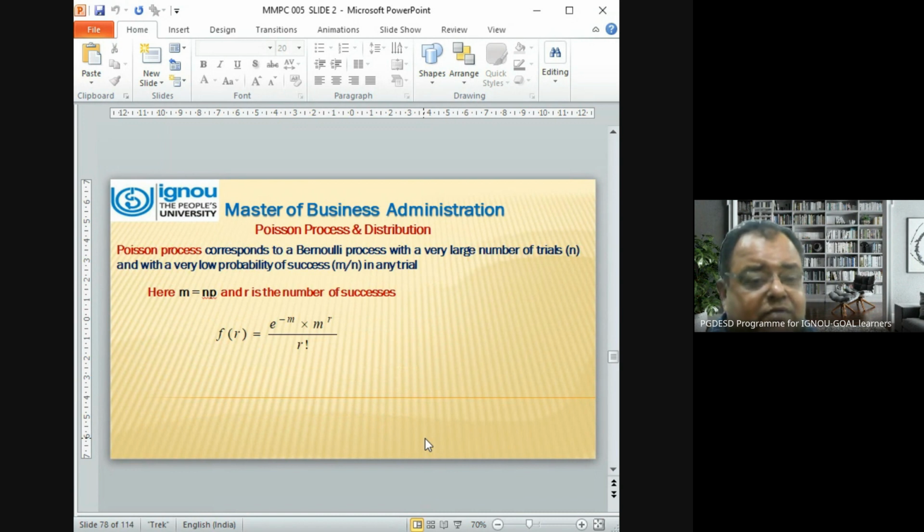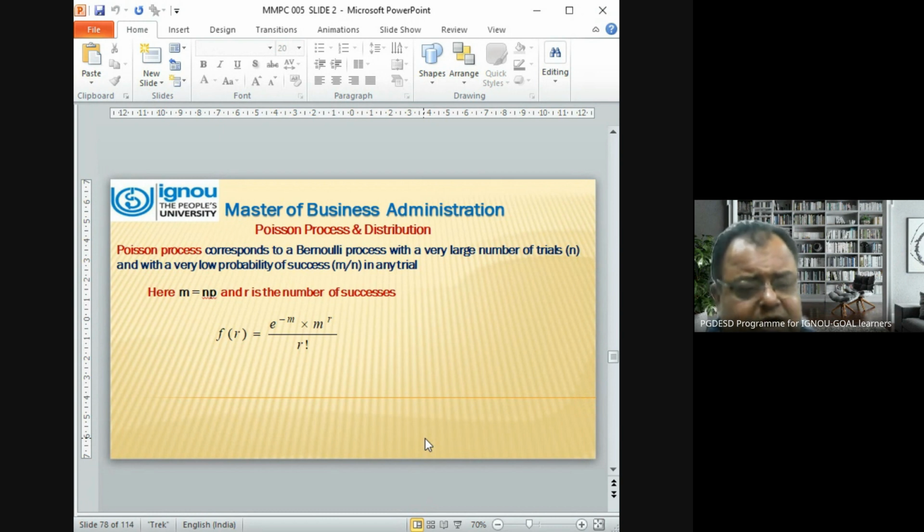Now, what is the formula for Poisson distribution? This corresponds to the Bernoulli's process with a large number of trials tending to infinity, and the probability of success is very low. In that case, we get a constant, that is m or lambda. In different books, different notation is used.